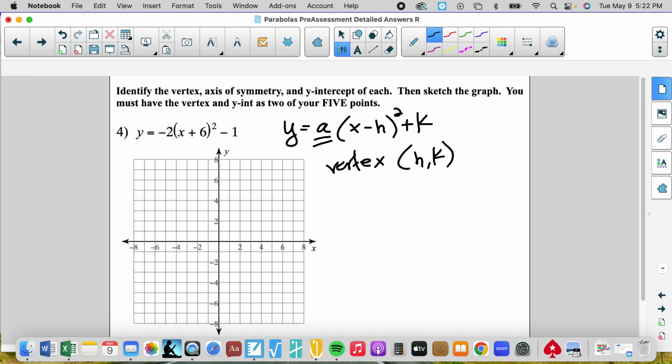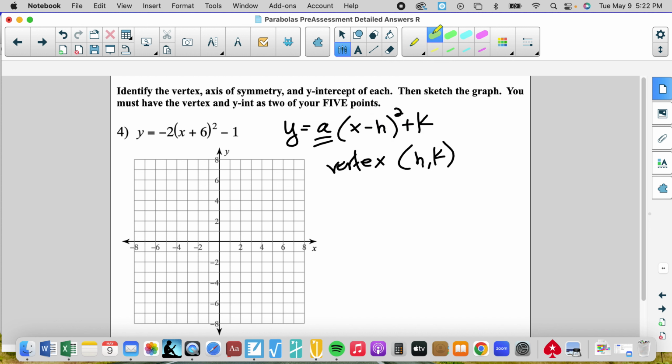The only thing we have to be aware of here, a real challenge, is the difference between negative h and positive h. So when we look at that h value, we're really seeing the opposite of my graphing h value. So when I see this, I see the opposite of what it really is.